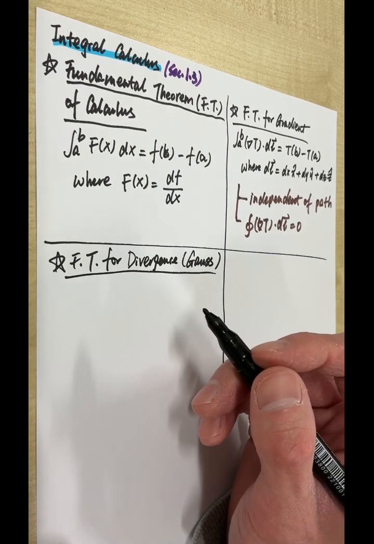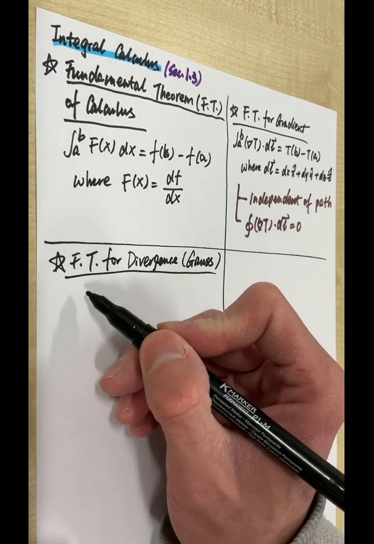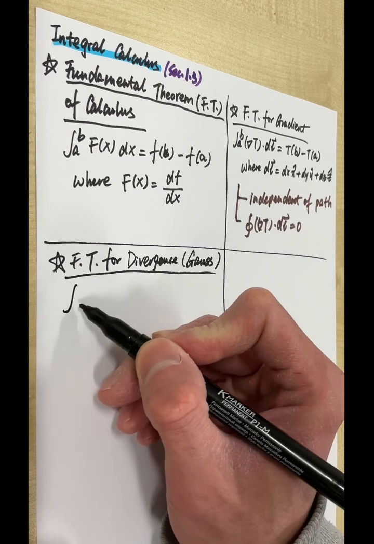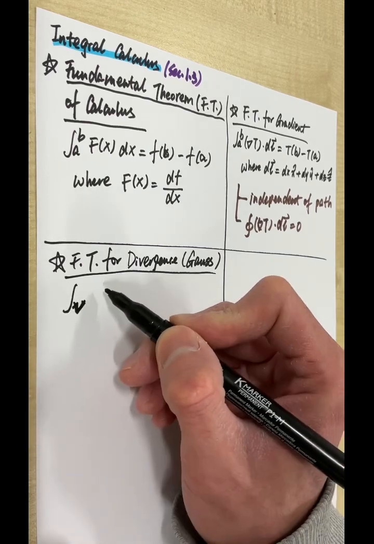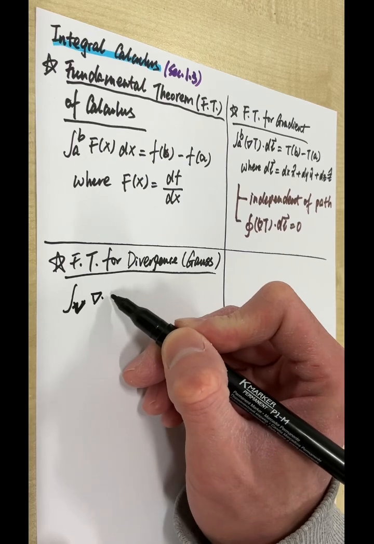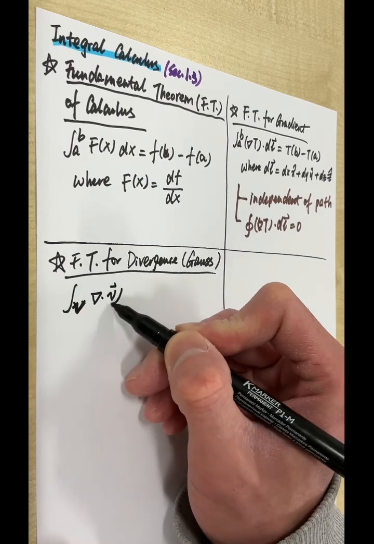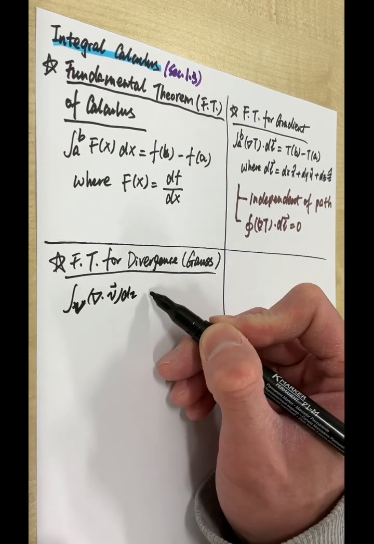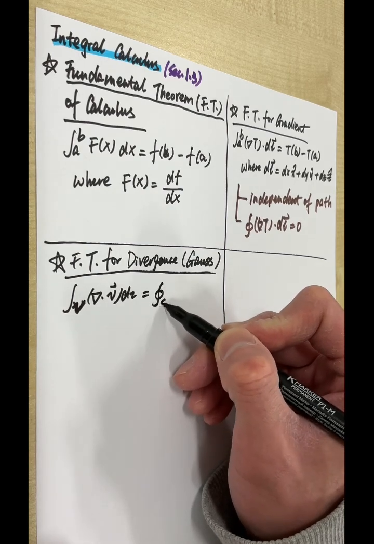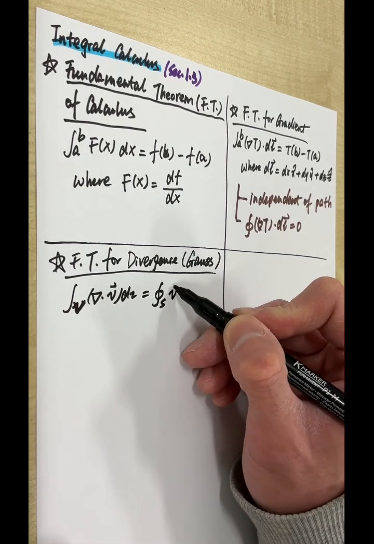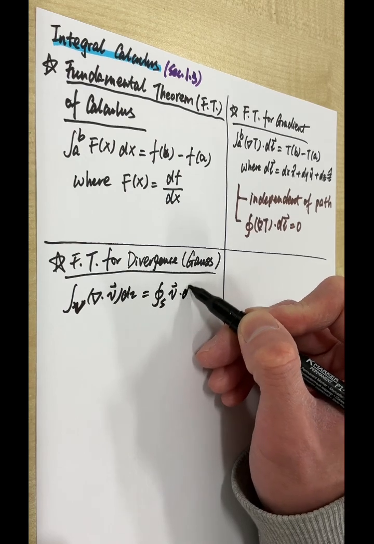The volume integral of the divergence equals the closed surface integral of the vector itself.